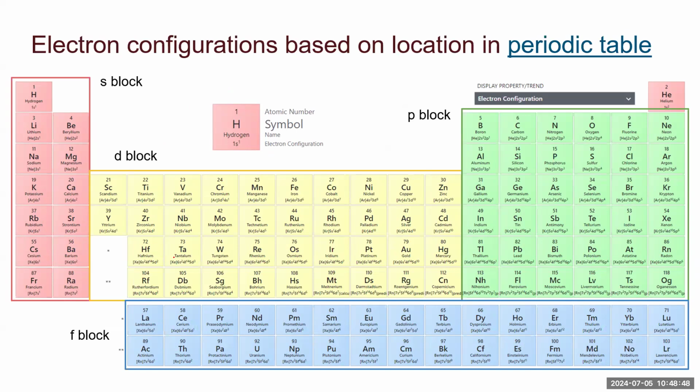Well, the first two columns on the far left correspond to the S block. Columns on the right are the P block. In the middle, the D block, and then the lanthanides and actinides at the bottom constitute the F block. So for zinc, Zn, my valence electrons are in the D block.